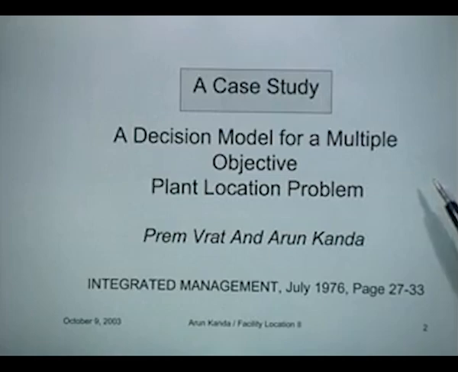And the basic intention in this particular case study is to look at the various factors which are relevant for the plant location problem, and try to then determine, after conducting a feasibility study, as to what should be the best location for the manufacturing plant. So this would be the kind of study that any new entrepreneur or any new company contemplating a new location for a manufacturing plant would go through.